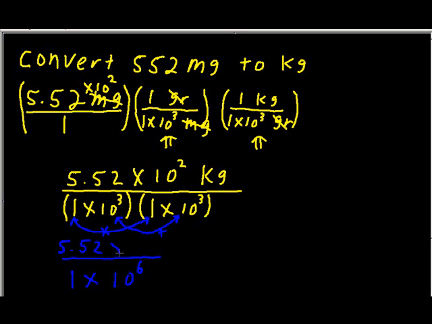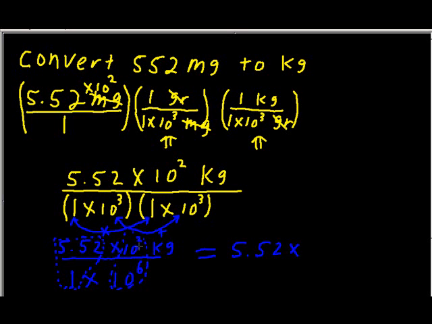5.52 times 10 to the second, and now the units do matter. Now we're set up with a divisional situation. So you take the two lead numbers here, you take 5.52 divided by 1, that's going to be 5.52 times, and what you see here is we have an exponential situation.